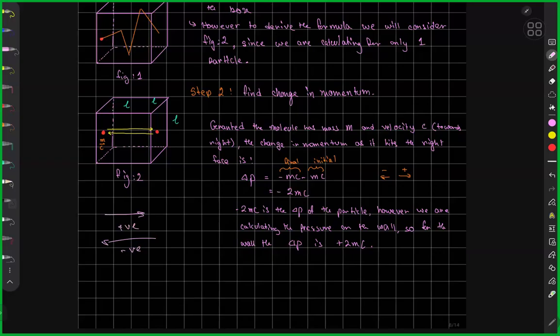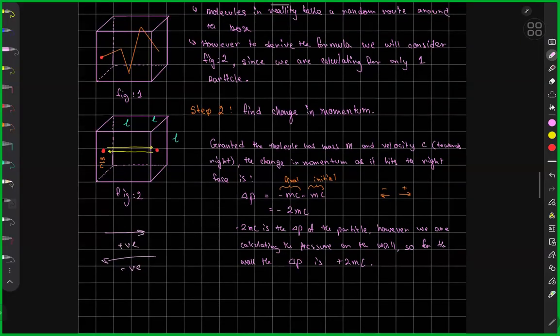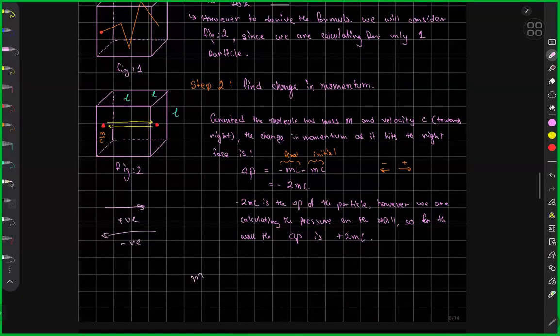Now look, as the particle with mass m and a velocity c travels in the rightward direction, it will hit the wall and go through a change in momentum. Is that something we can agree on?